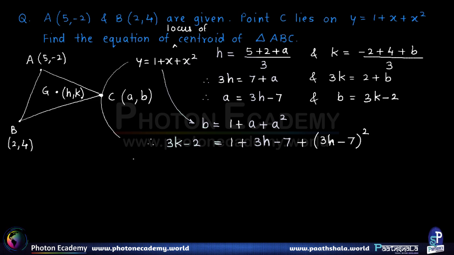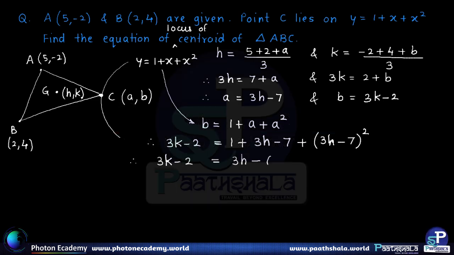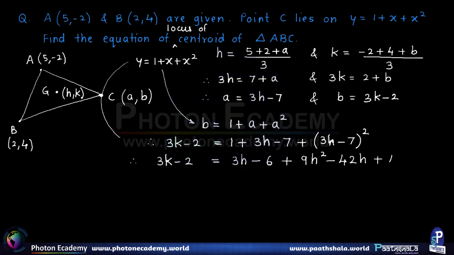So therefore we have 3k - 2 = 3h - 6 + 9h² - 42h + 49.